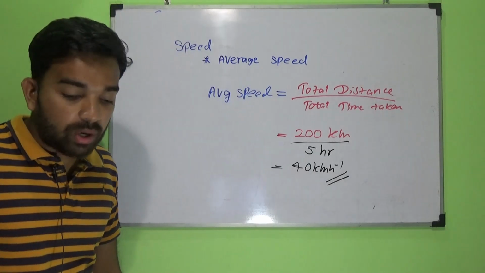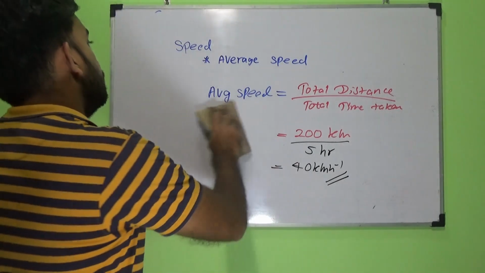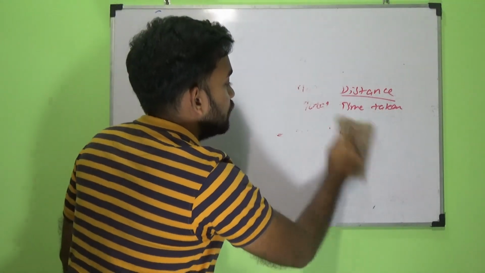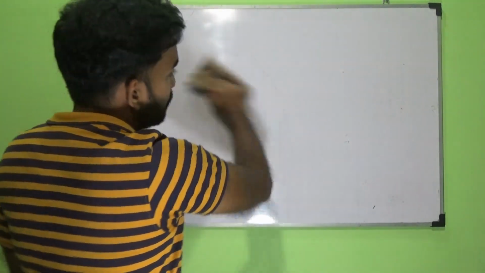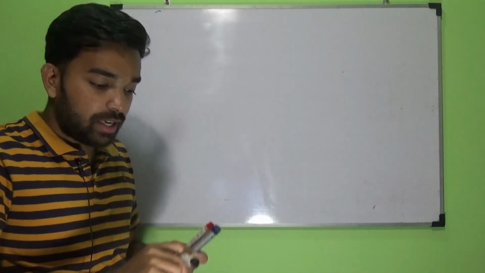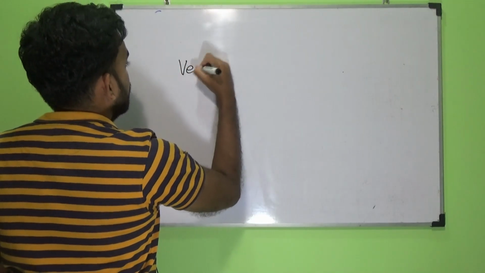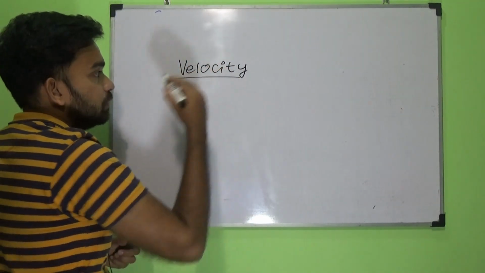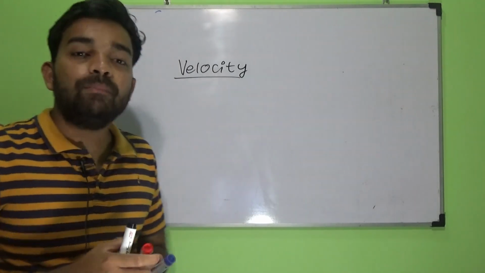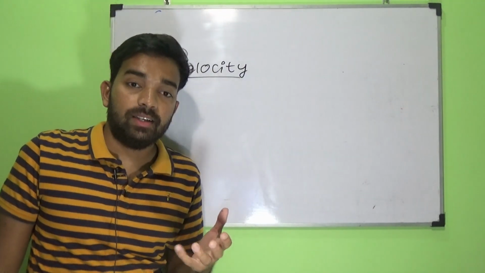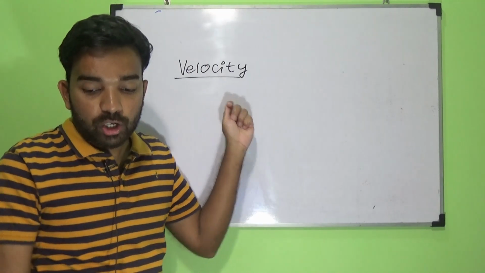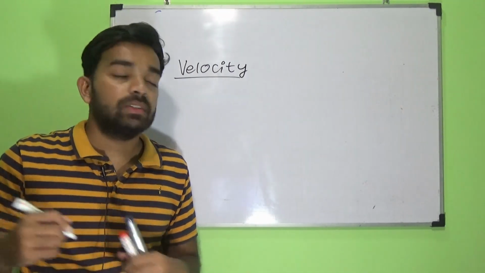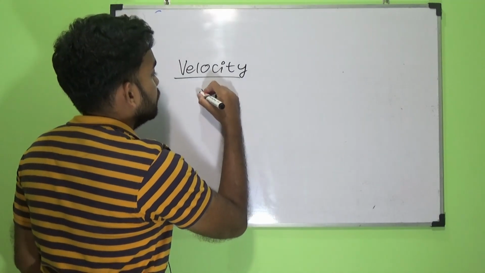Next we are going to talk about velocity. When it comes to velocity, what you should know is that, same as average speed, in velocity you also have average velocity.